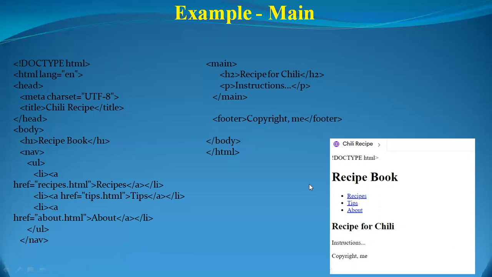See the output here. The title is Chili Recipe. Then in the body, Recipe Book is there. Under that, recipes, tips, about. When we click on recipes, it moves on to recipes.html. When we click on tips, we move on to tips.html. When we click on about, we move on to the about.html page.